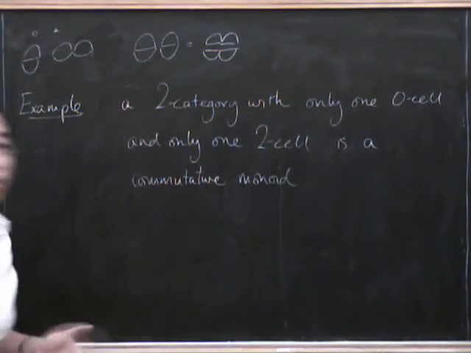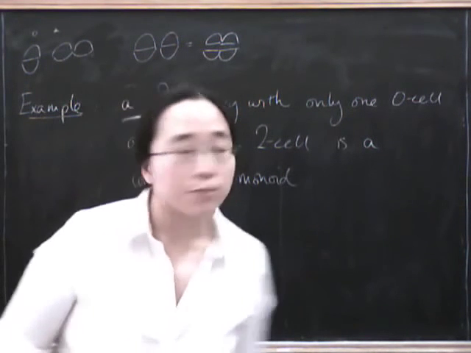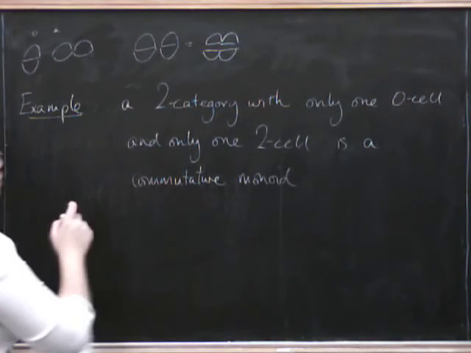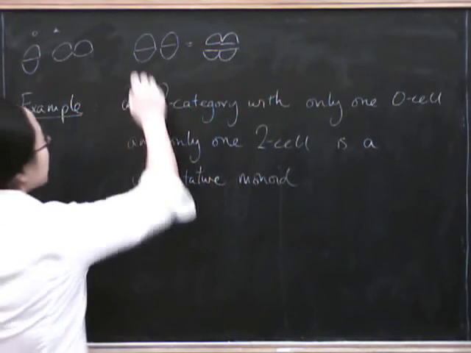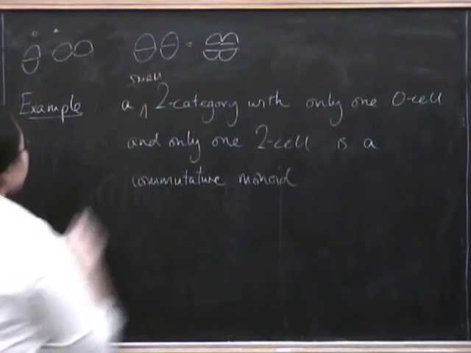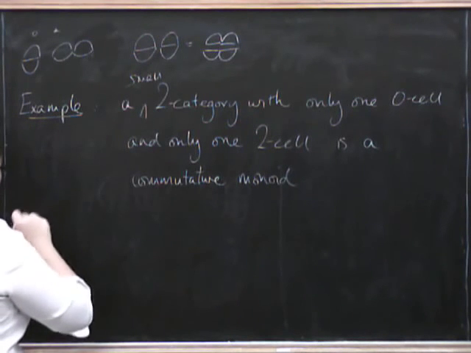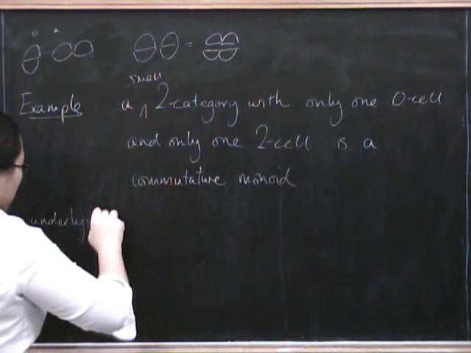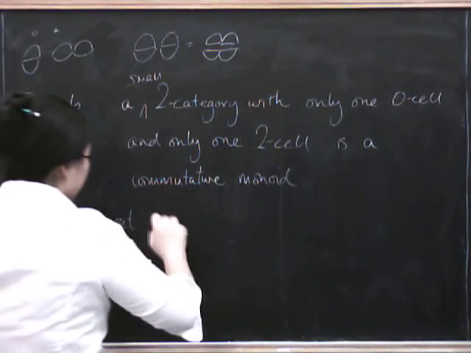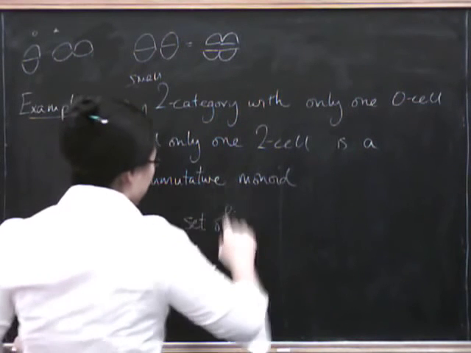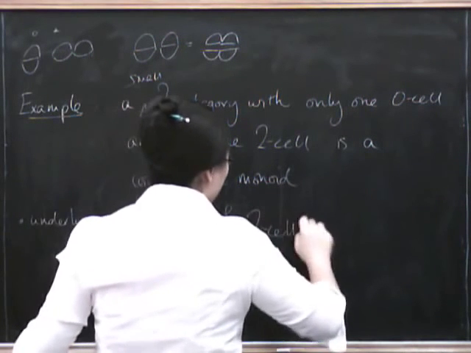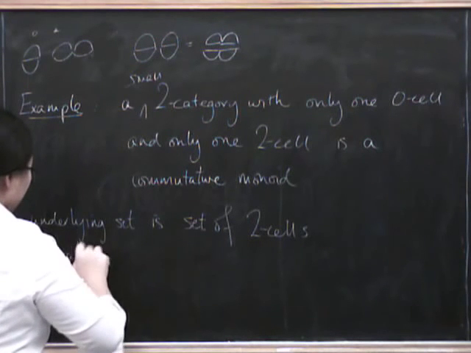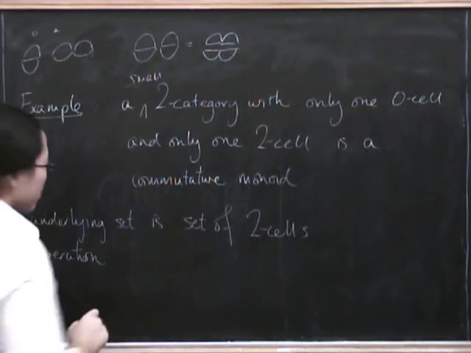So what's a commutative monoid? It's a set equipped with a commutative operation. Well, the underlying set that we're going to use is the set of 2 cells. So I suppose this needs to be small. And the operation, well, we can either take it to be circle or star.